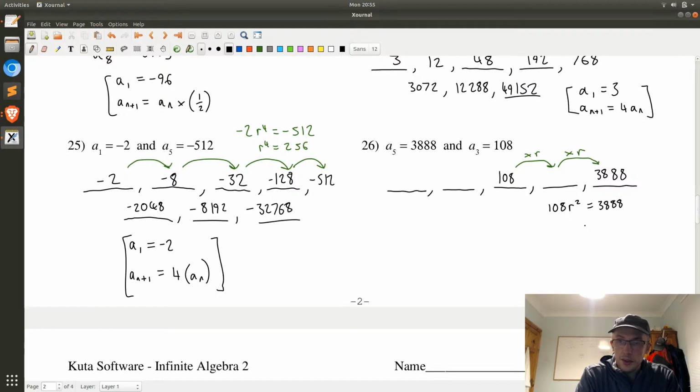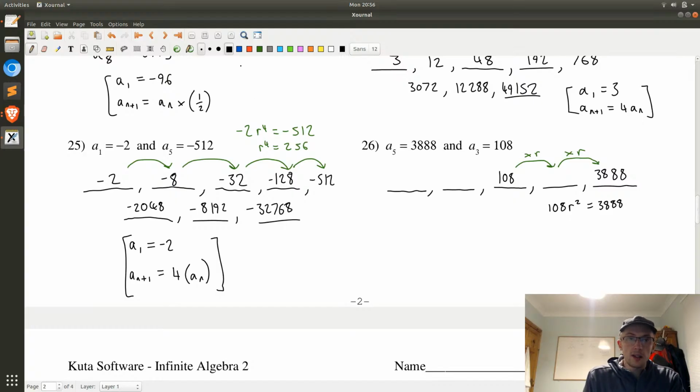Okay, so 108 times 30 is 3,240, and that leaves a gap of 648, and 648 is 6 lots of 108, so it's 36, so the square root of that is 6, so the common ratio is 6.